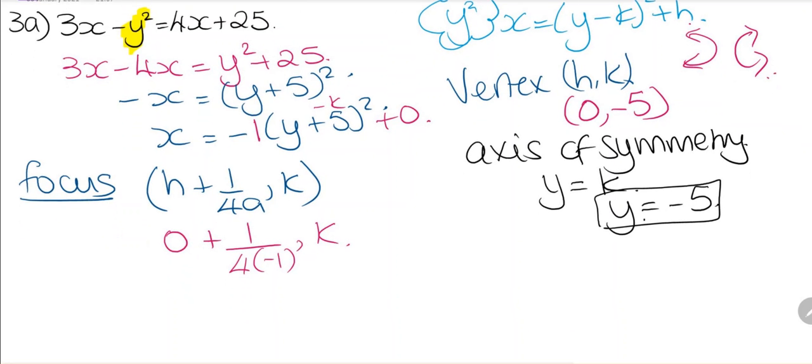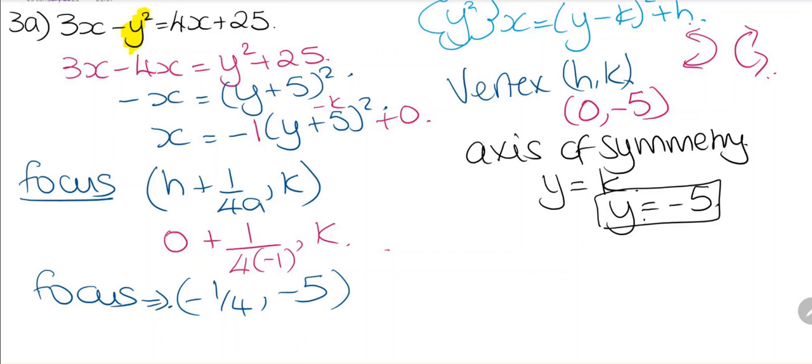So just working this out for the focus, this is going to be 1 over minus 4, so that's going to be minus a quarter, and our value for k is minus 5. So the coordinate of our focus is minus a quarter, minus 5.